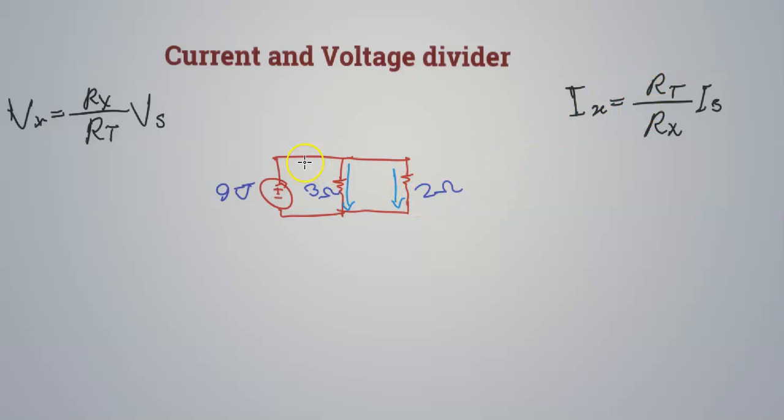And as you know, the value of current from here, which is the current source, is different than these two. If we say this is a current source and this is I1 and this is I2, let's see how we can find the current for the first branch or I1.